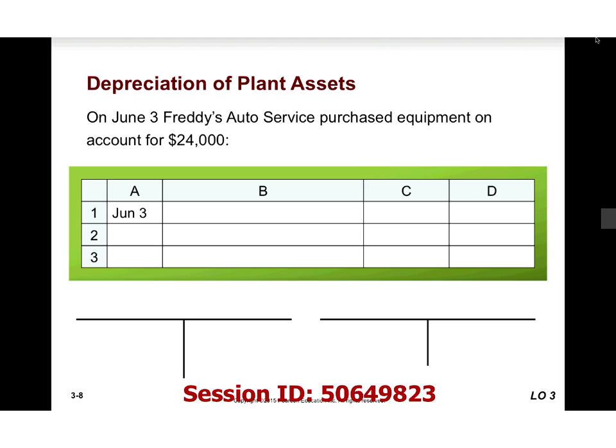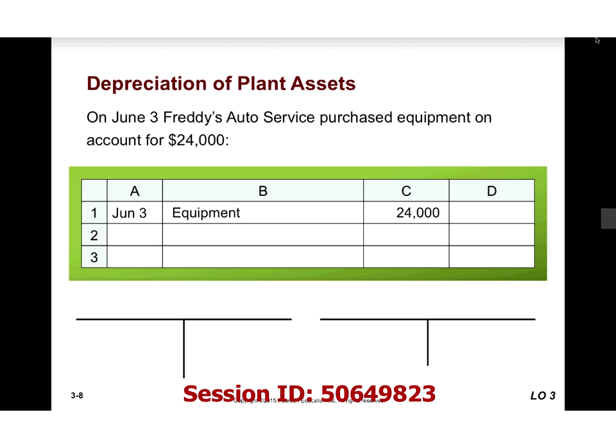So let's say that we purchased equipment on account for $24,000. This is not the depreciation entry. This is what we do initially when we purchase equipment on account. Equipment is an asset, so we debit it to increase it. And "on account" is the magic words that say this has to be accounts receivable or accounts payable. Accounts receivable is with our customers, accounts payable is with our vendors or suppliers.